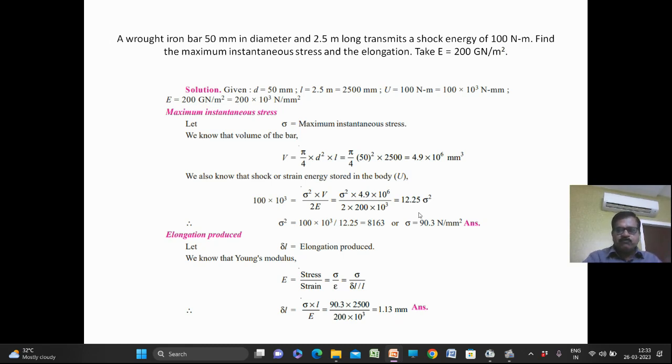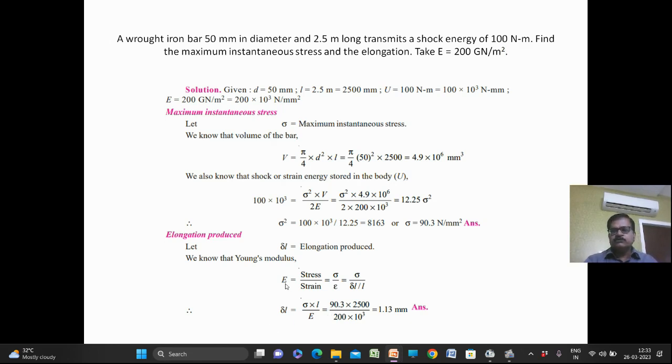That means whenever you have a stress in the member, you can assume that it is subjected to some amount of strain.